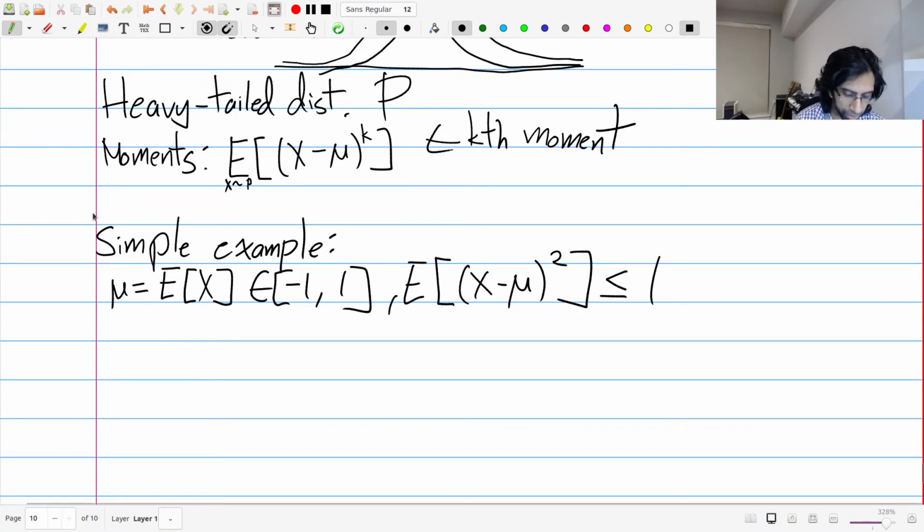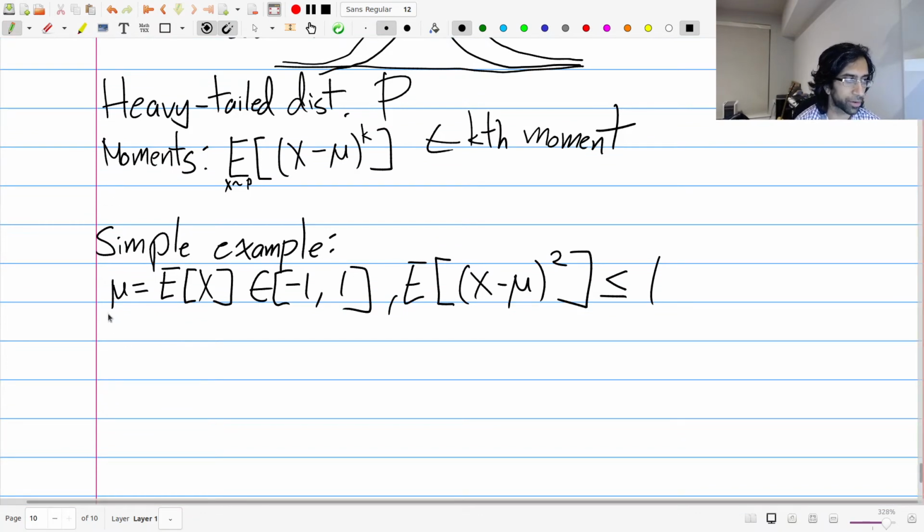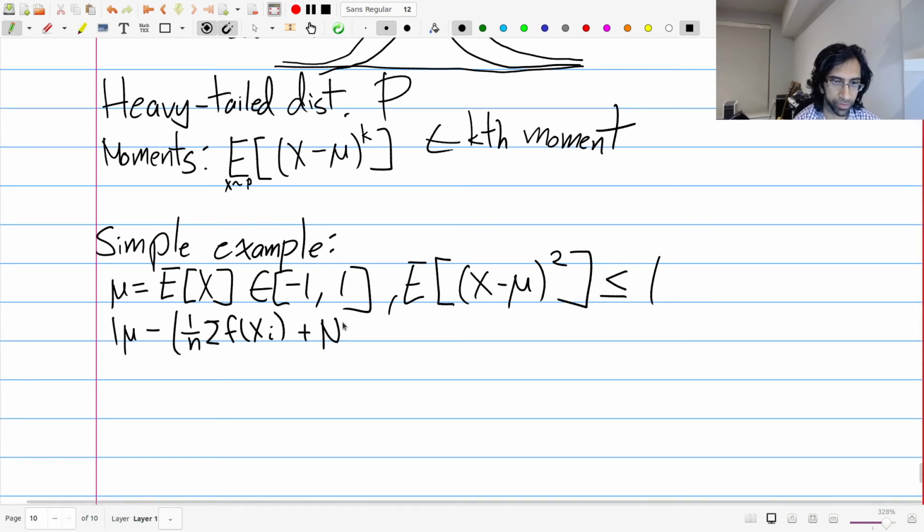So we're going to find it helpful to recall how we decompose our error. Let me just write what our goal is. We're trying to bound the true mean minus some estimator of the mean. We're going to try to stick with the same general framework as before, but we're going to account for the error a little bit differently.